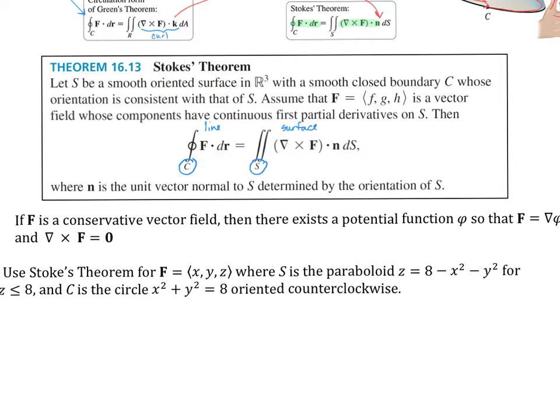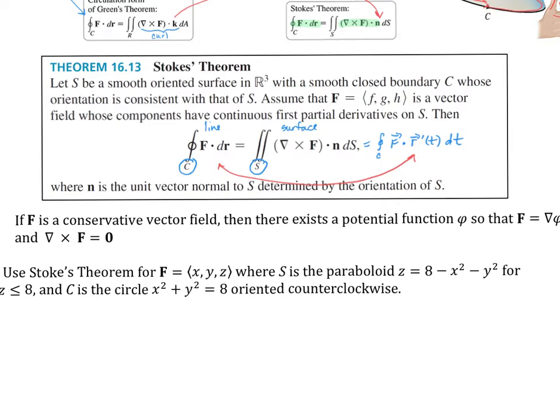But remember, we can also use what we had previously, that we could take our vector field and we can dot it with r prime of t dt, because these are actually the same. So don't forget, you can use stuff from 16.6.